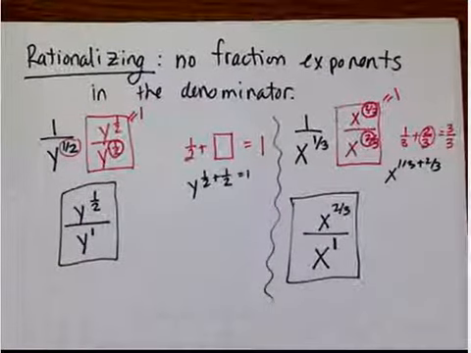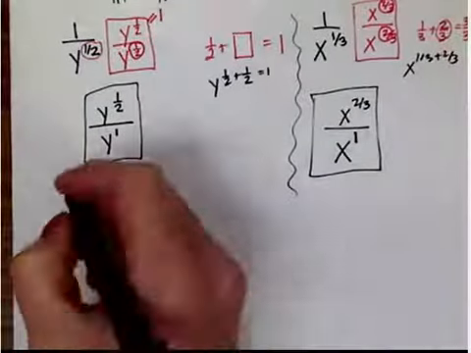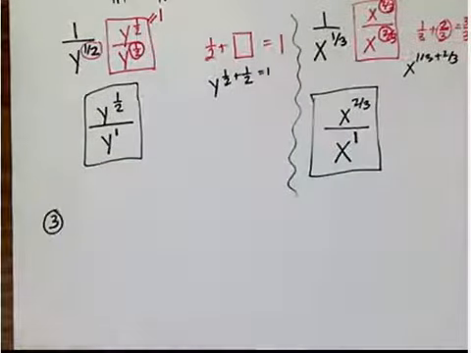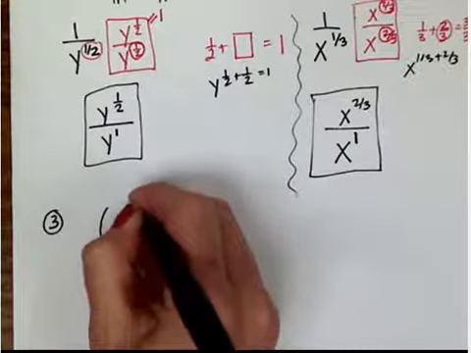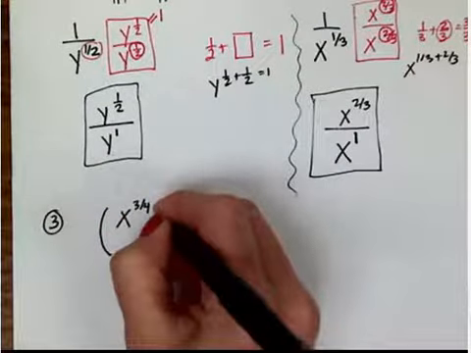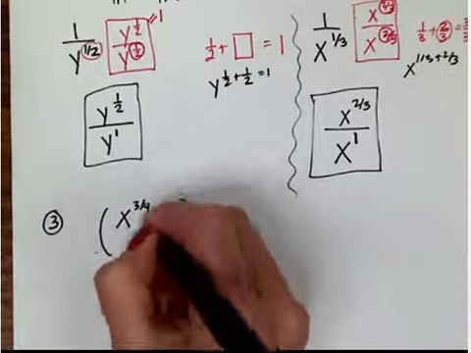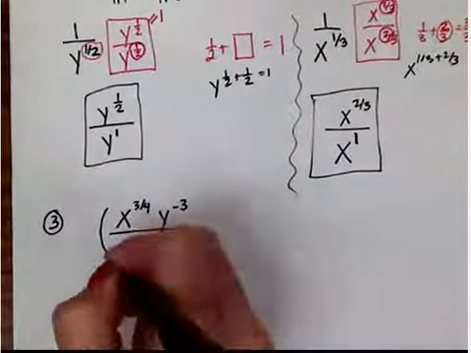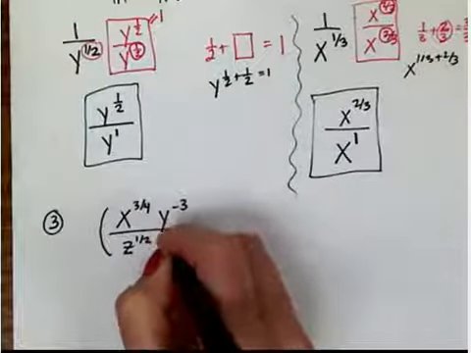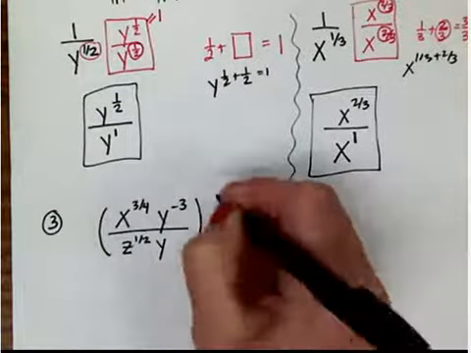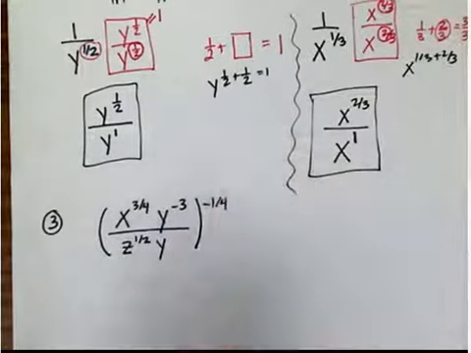Okay, let's do a slightly more complicated example. Okay, x to the 3/4, y to the -3, z to the 1/2, and y, all to the -1/4 power.